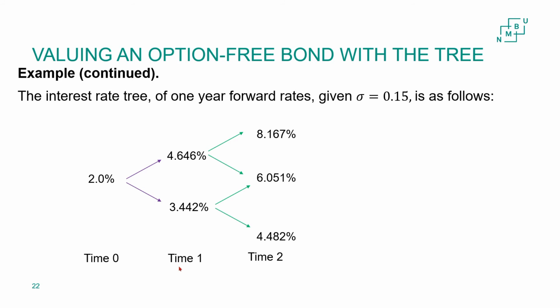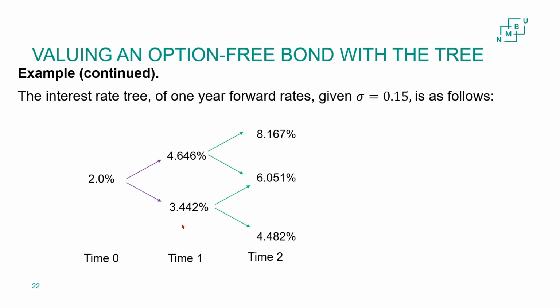And beware that the time zero interest rate is what you would use to discount a time 1 cash flow. Okay, and a time 1 interest rate is what you would use to discount a time 2 cash flow to give the present value at time 1.